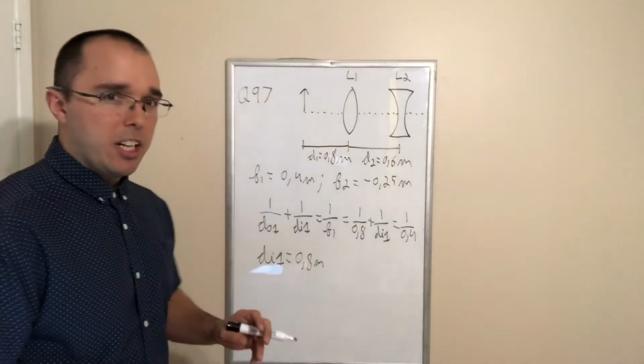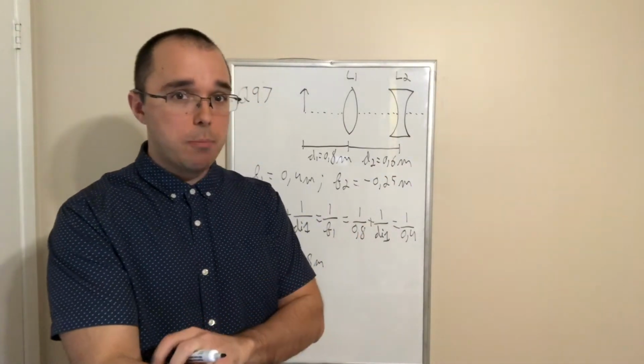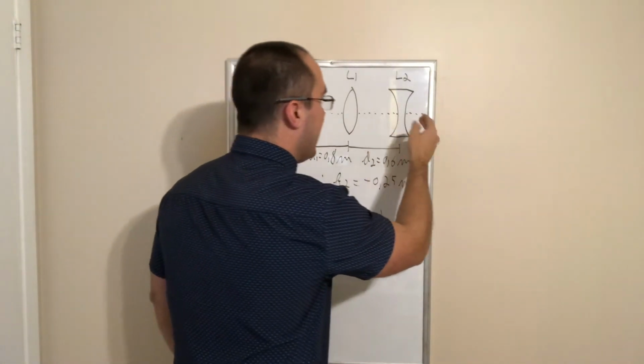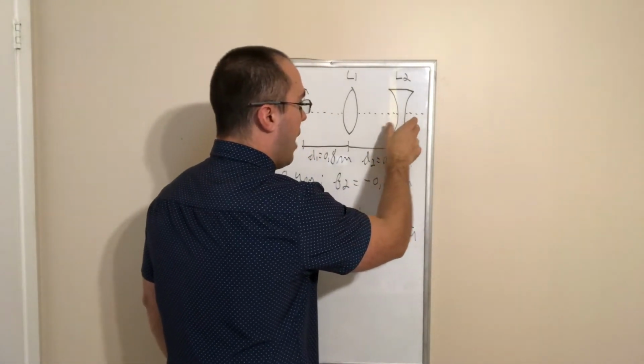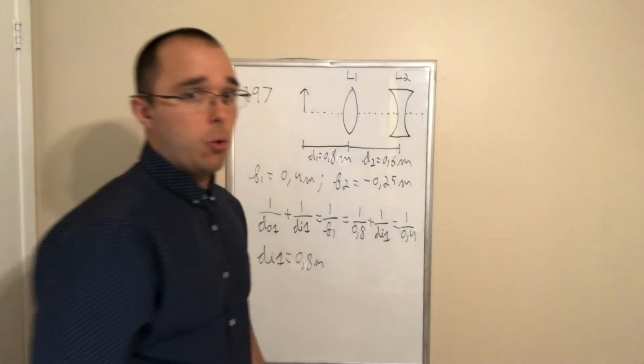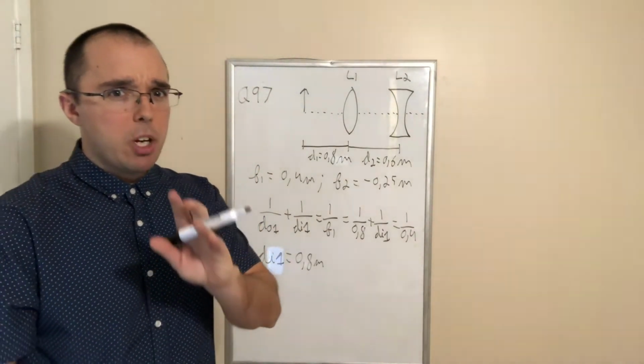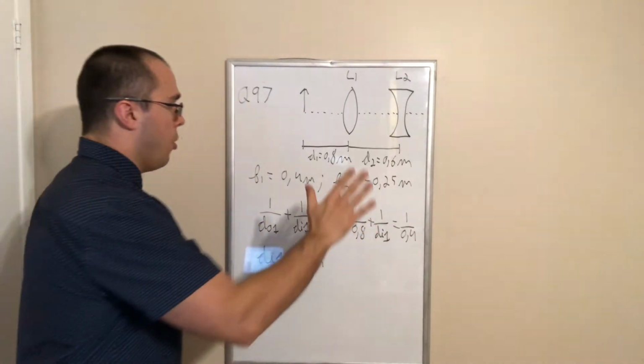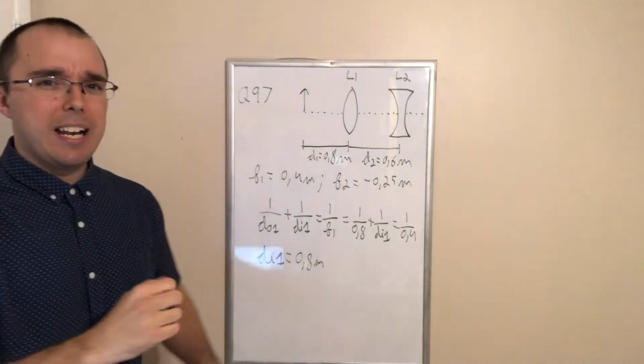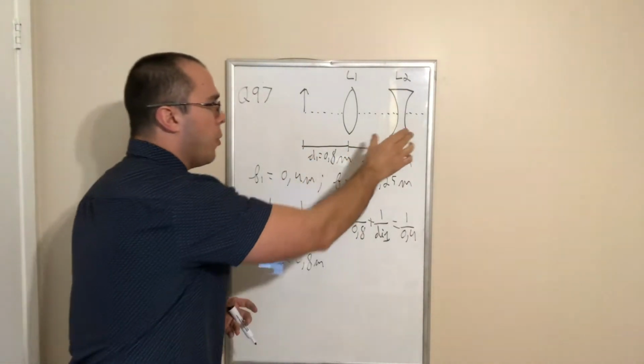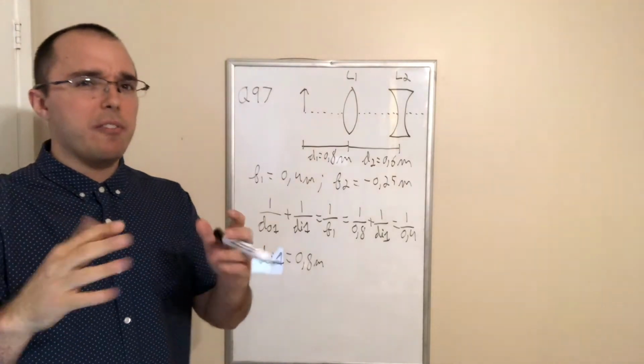So that means our second object will be to the right of the diverging lens at a distance of 0.2 meter. All right, I'm going to give you an instant to write this down, and we will restart by drawing what happened here and how we can solve that part of the problem.